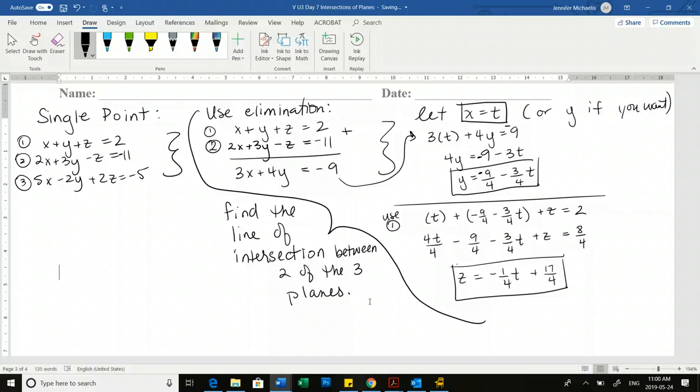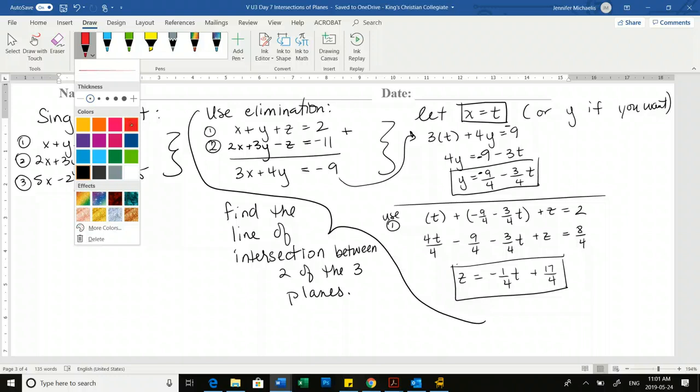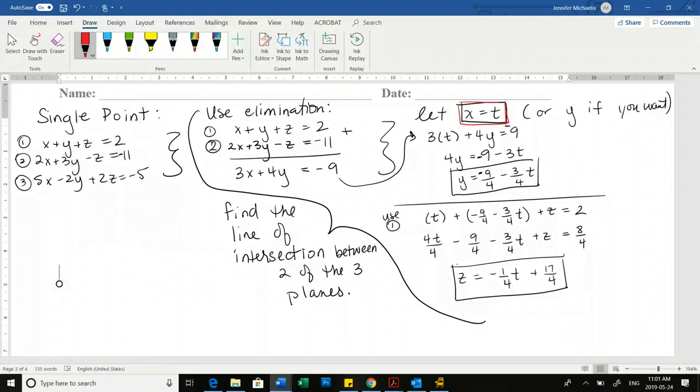What I want to do with the remaining plane is, now that I have the three parametric equations, we could express it as a vector equation if we want, but I don't think we need to. I'm just going to plug them into my third plane and see how these things come together. I'll box this line in red for you guys.